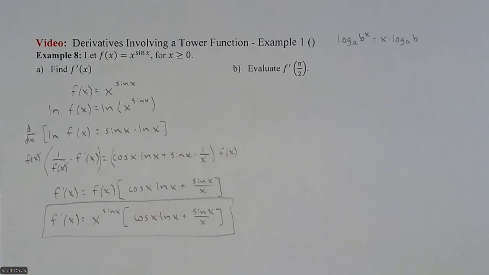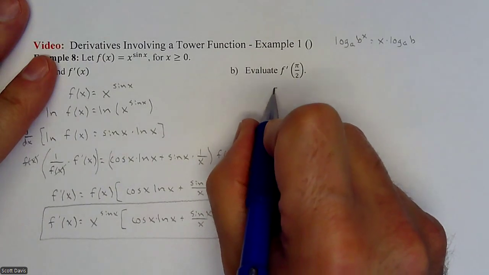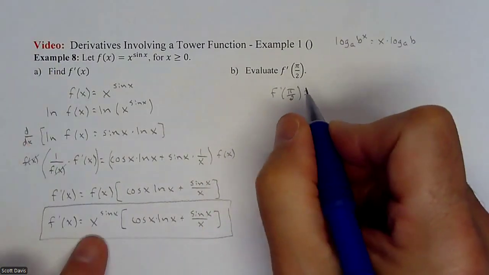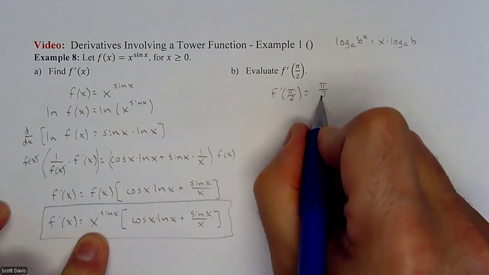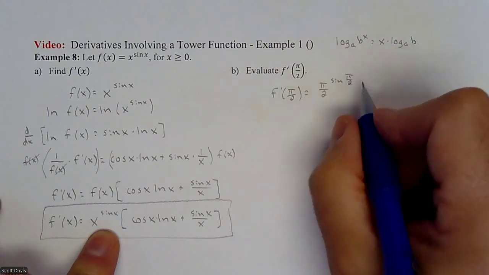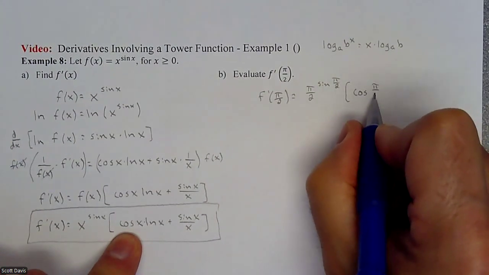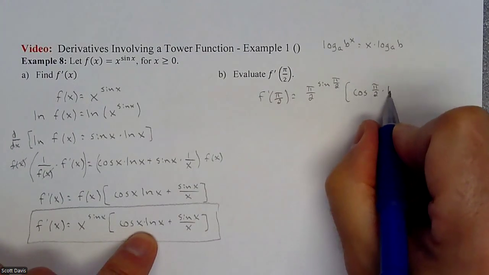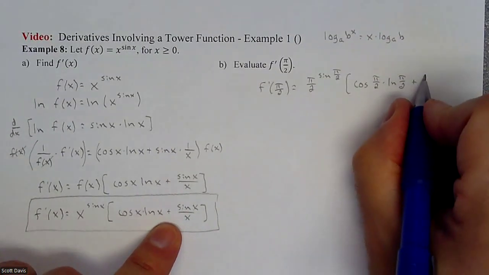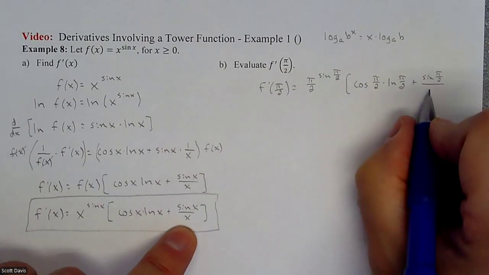Okay, so if we want to evaluate it at pi over 2, we're going to be plugging in pi over 2. So we're going to do f prime of pi over 2. So we'll do pi over 2 to the sine of pi over 2 times the quantity cosine of pi over 2 times natural log of pi over 2 plus sine of pi over 2 divided by pi over 2.